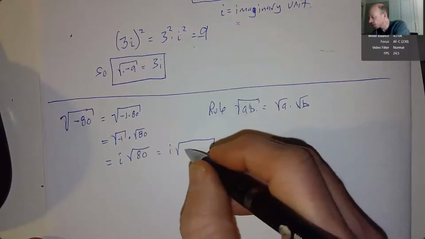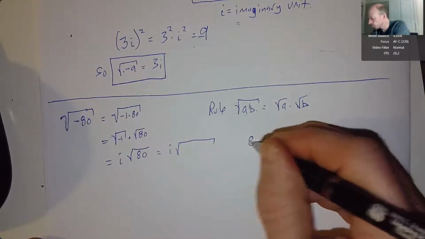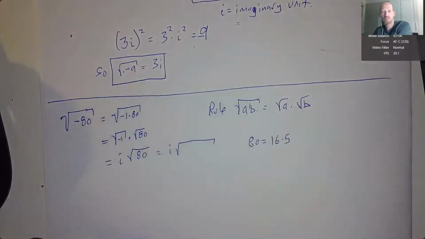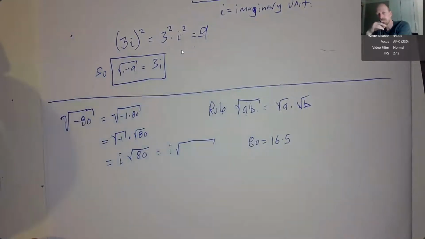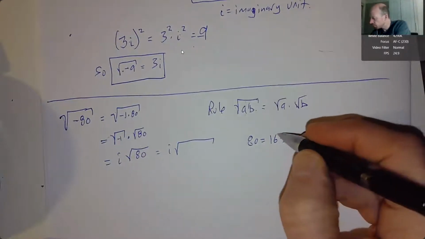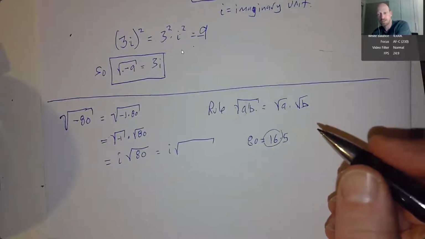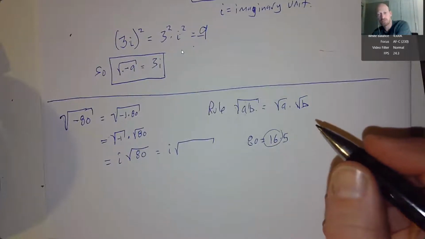80, it turns out, is 16 times 5. Now, it's also 20 times 4 and 2 times 40, and there's lots of other ways of factoring 80. But 16 is a really good number for us because we should know the square root of 16, right?